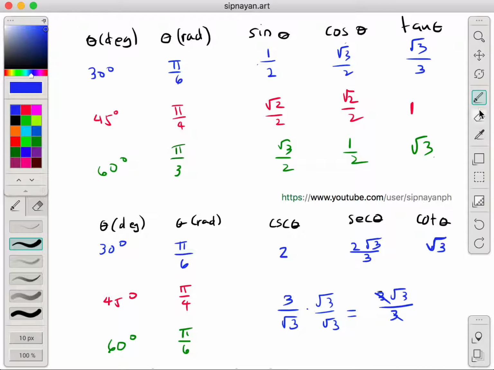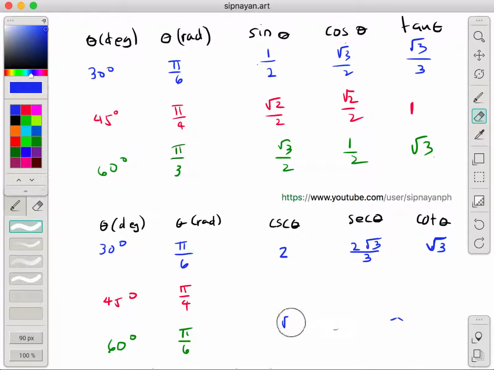Okay. Next, at pi over 4 or 45 degrees, what is the cosecant of 45 degrees? It is also the reciprocal of this. Here it is square root of 2 over 2, so it becomes 2 over square root of 2.